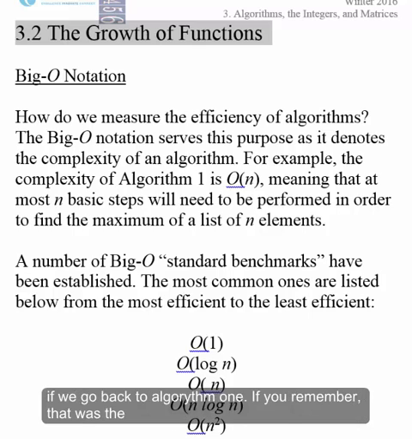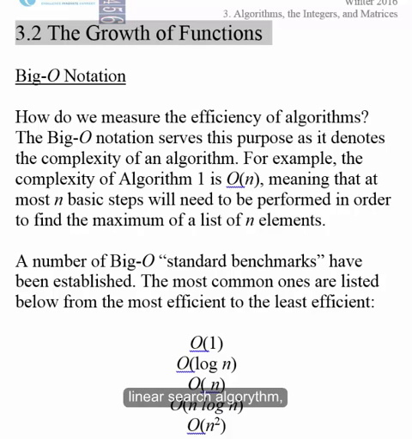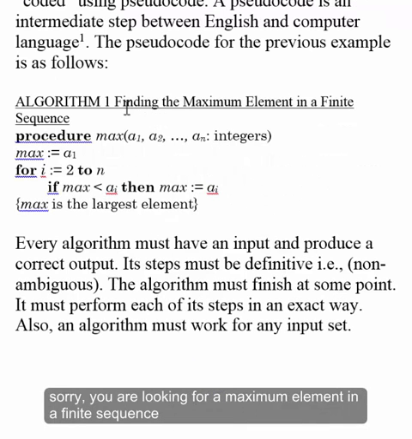So if we go back to algorithm 1, remember that was the linear search algorithm, where you were looking for the maximum element in a finite sequence.